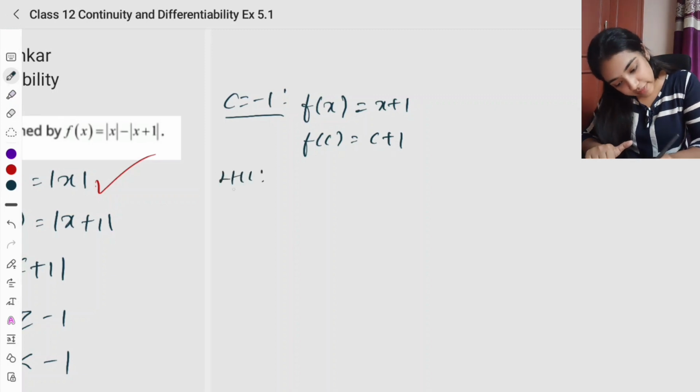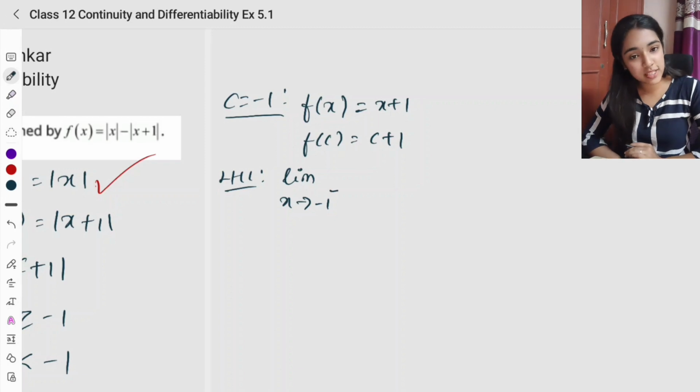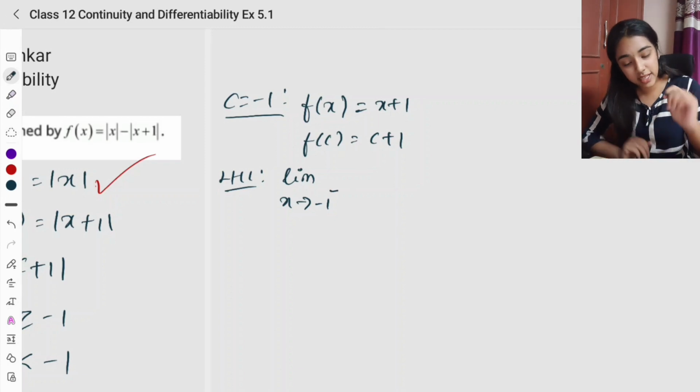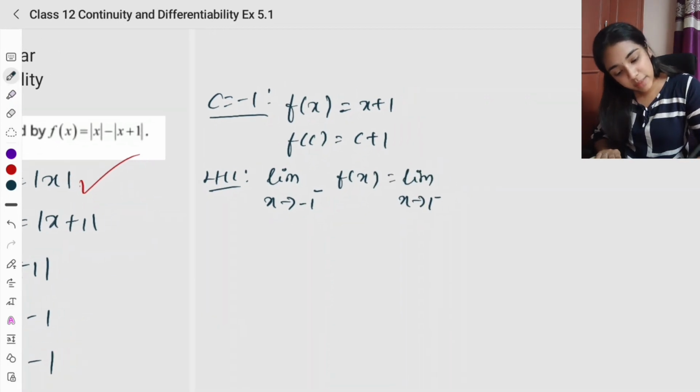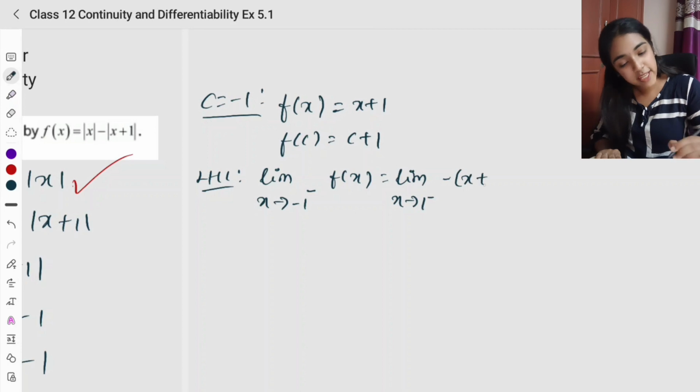What is my left hand limit? Left hand limit is the limit as x tends to minus 1 minus. Minus 1 is the value and the minus on top of that indicates the left hand limit. The left hand side of f of x is going to be minus of x plus 1.